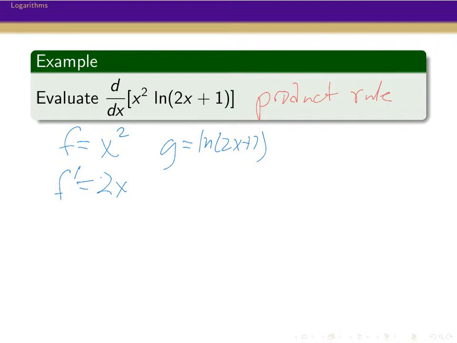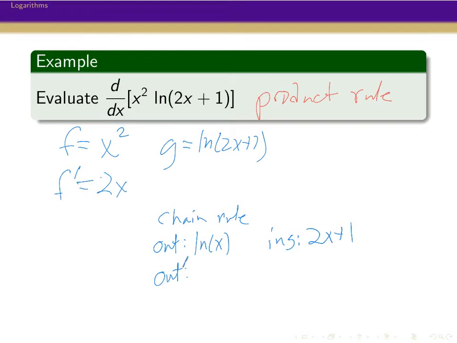Now to do the derivative of ln of 2x plus 1, well, we should think about that as being a chain rule problem where the outside function is natural log. On the inside, we're plugging in 2x plus 1. So the derivative of outside, we just saw the derivative of natural log of x is 1 over x.